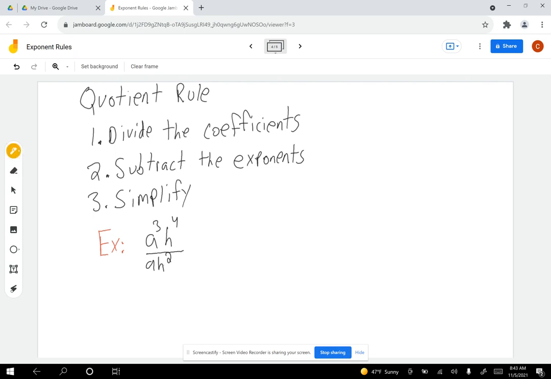So all I have to worry about now is subtracting the exponents because my coefficients are 1. A to the third divided by a. That should give me 3 minus 1, so a to the second. I have h to the fourth divided by h to the second, numerator divided by denominator, 4 minus 2, h to the second. So my final simplified answer is a to the second, h to the second.